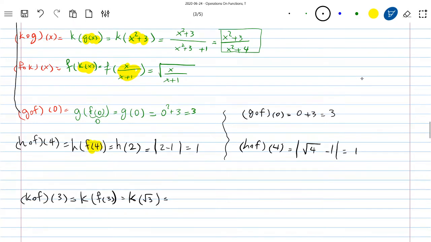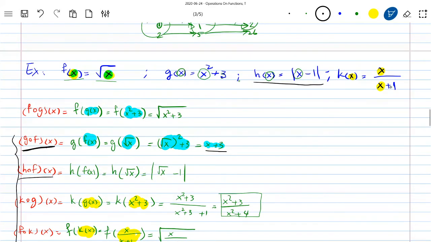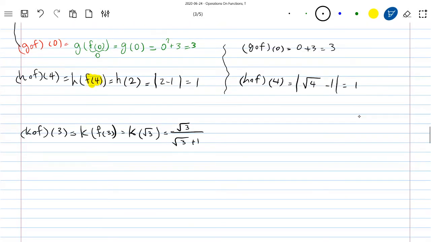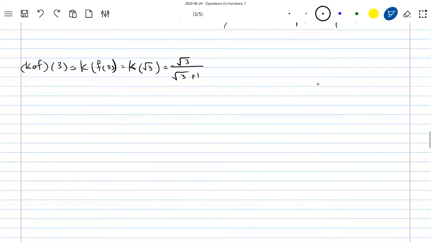You get square root of 3 divided by square root of 3 plus 1. I replaced the square root of 3 for x. This became square root of 3, square root of 3. And again, do not cancel out these two. That's not possible. There is an addition here, plus 1. So this is your result. You don't need to rationalize it at this point.